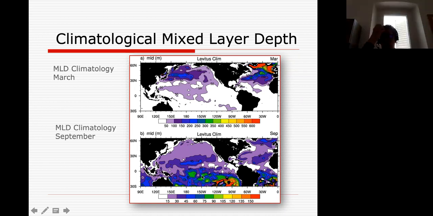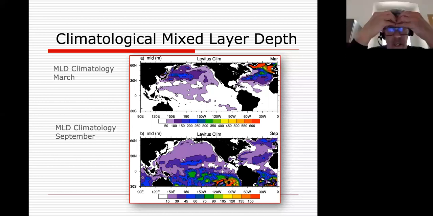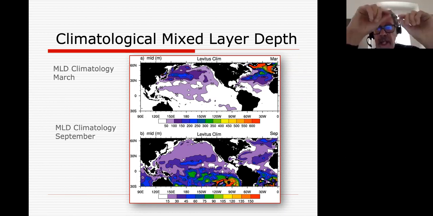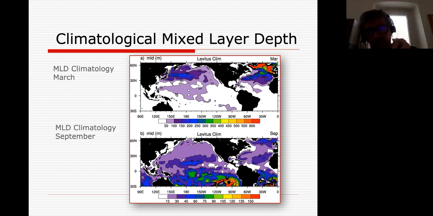But this is quite obvious because the changes, as we saw, of the ocean mixed layer in the seasonal cycle in the tropics reflect a different kind of process, and are also more shallow and affect the upper layer in a different way compared to what happens in the mid-latitudes.